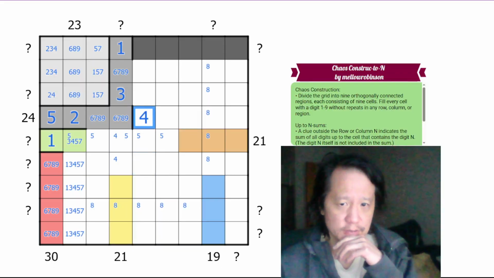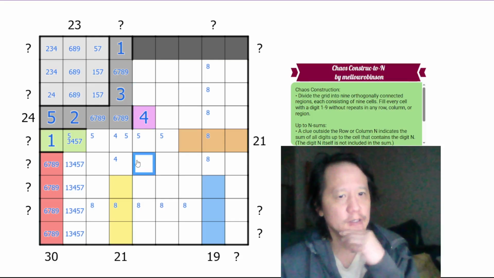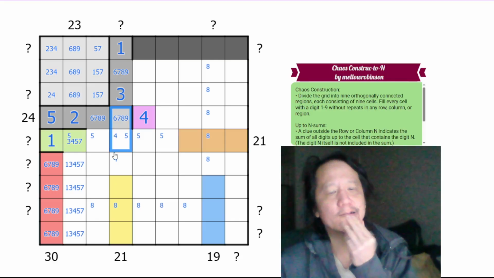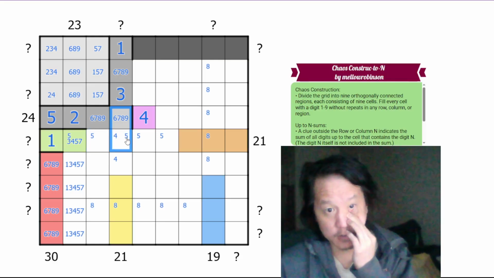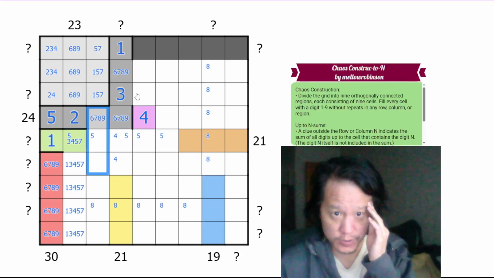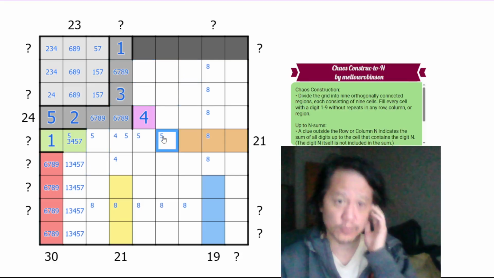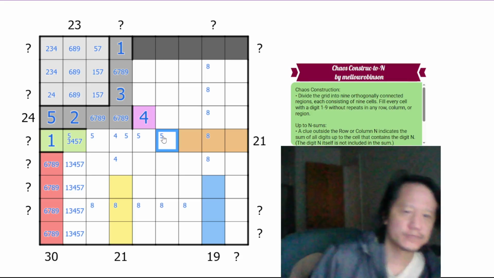This is another region. If we go 1 here, then we need to have a 4 here. If we blocked here, that means it must go 1, 2 here to be 4, or 1, 2 here to be 4. So those are all possibilities.